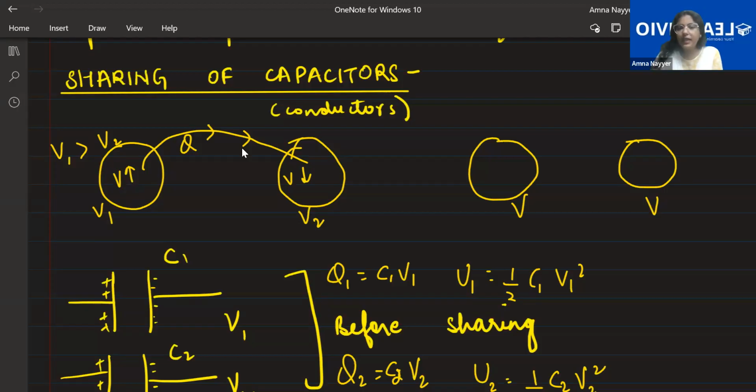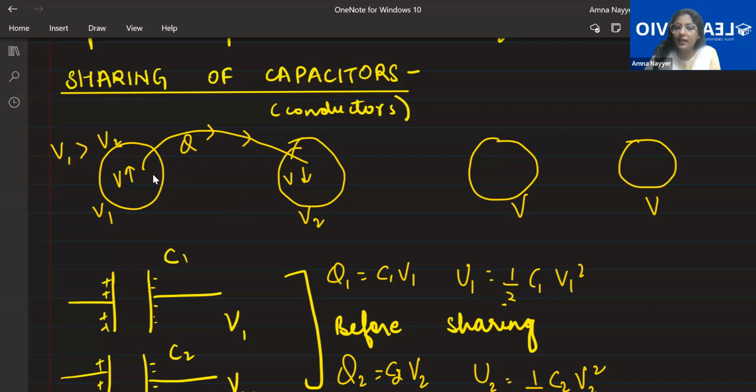See, when different potentials are present on conductors or capacitors both. Remember, in the first class of capacitance, I told you that a capacitor is just a conductor which holds charges, so you can use spheres also.